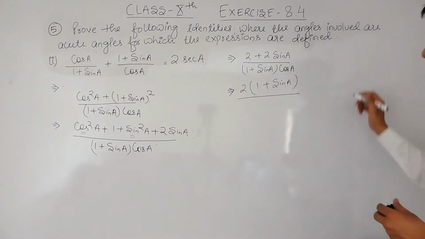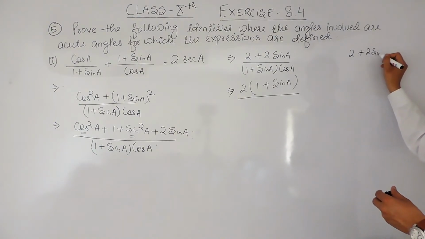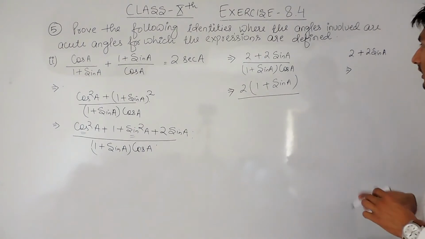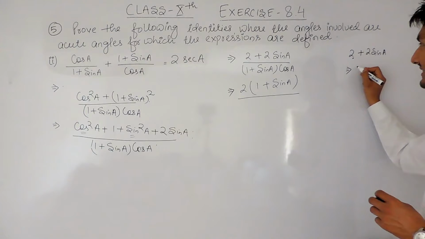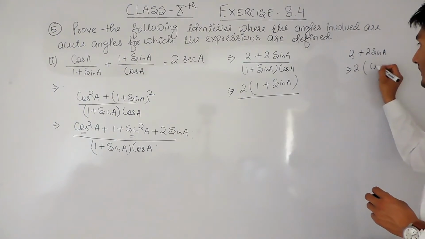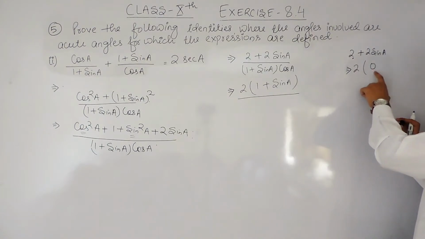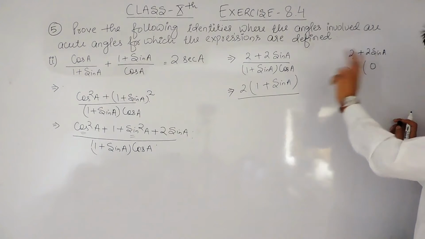One thing is important here: if I take 2 as common, it doesn't mean that inside the bracket there will be 0, because when we take 2 as common, we take 2 as a factor.